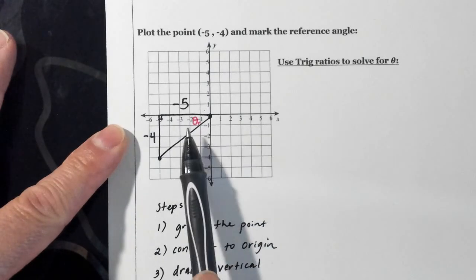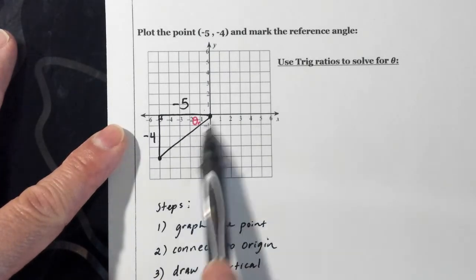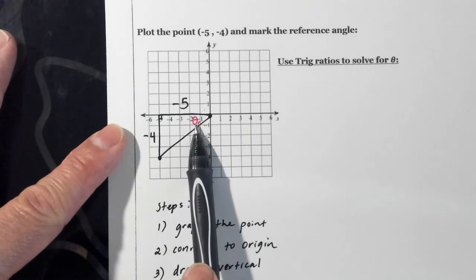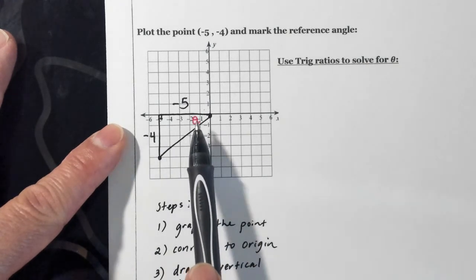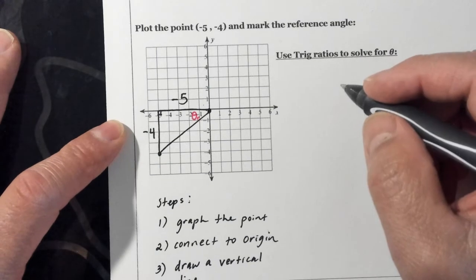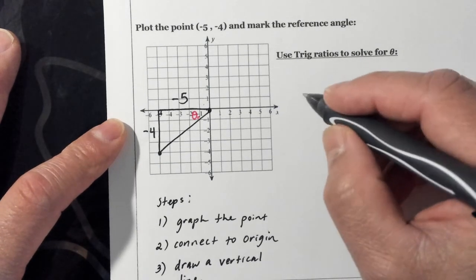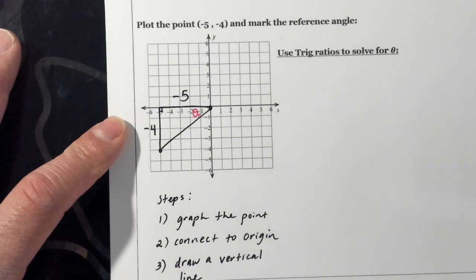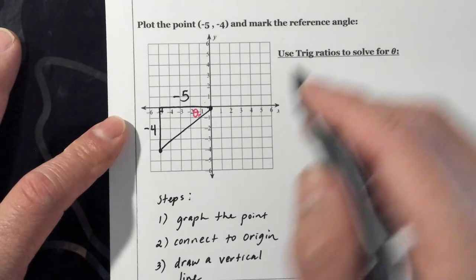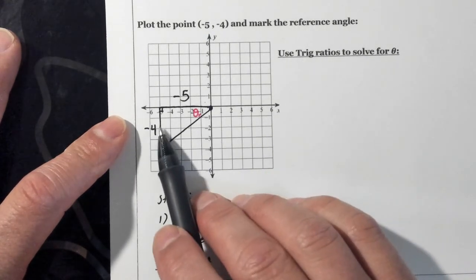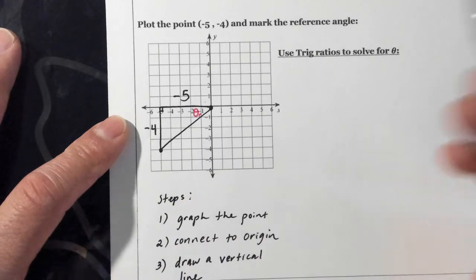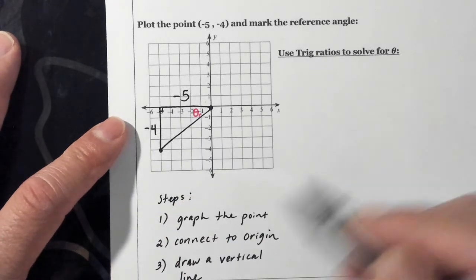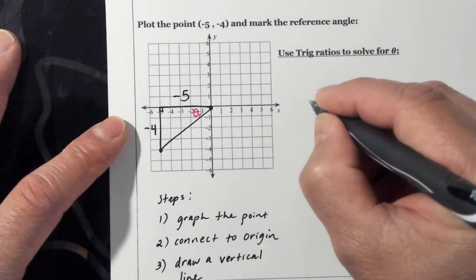I plotted the point, I made the triangle, and now I'm going to find the measure of the reference angle. And you will always use inverse tangent for this. Always. Why? Because we are given the opposite side and the adjacent side, and that is tangent, of course. And when you're finding an angle, you use inverse.